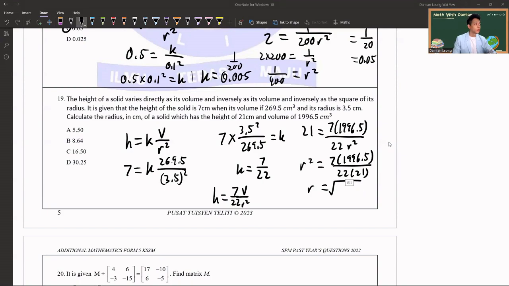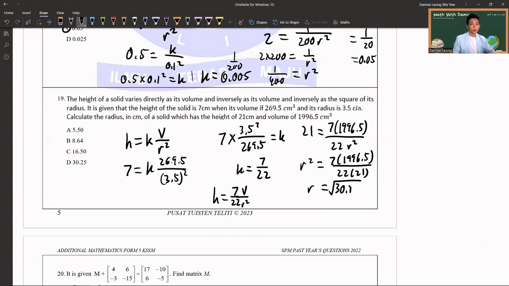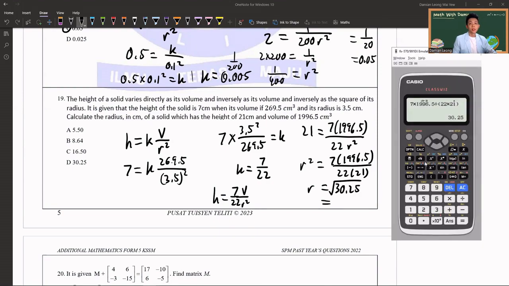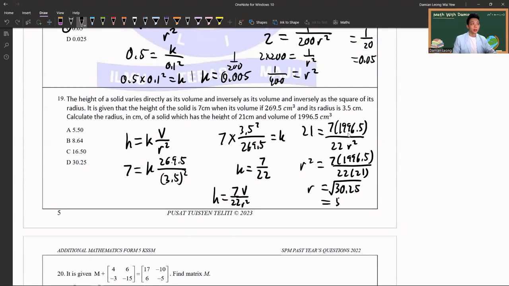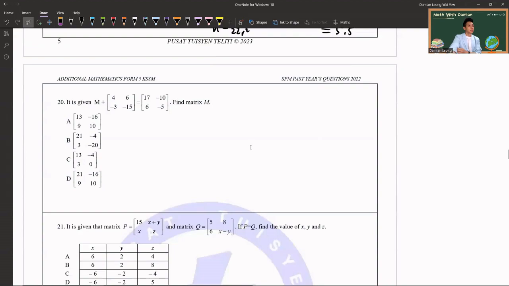Radius will be square root of 7 times 1996.5 over bracket 22 times 21. 30.25, which I can square root and get 5.5. Answer A.